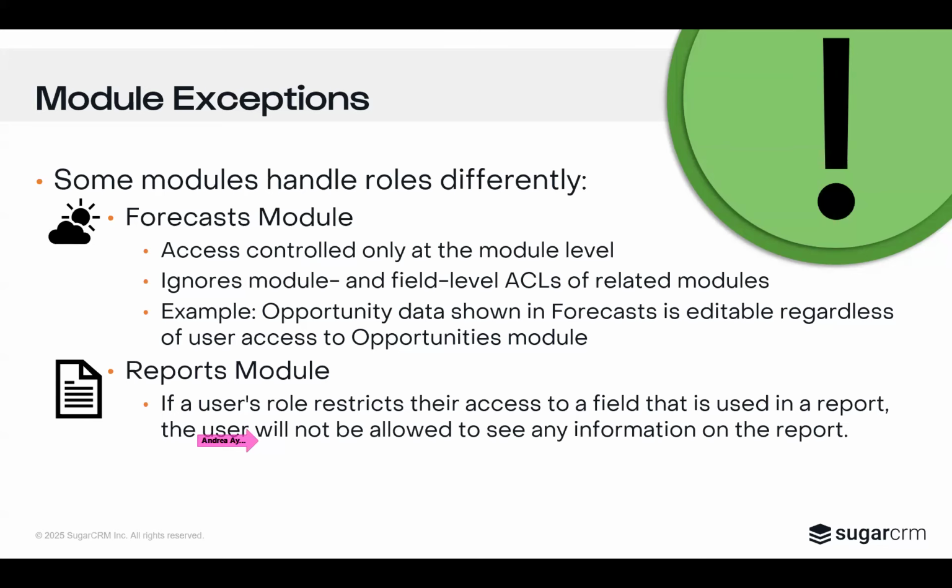What that means is when you're looking at forecasting, because it's a completely different module than opportunities, opportunities data shows and forecast is editable regardless of the user access that they may have on a role module. So let's say the role says you can't edit this opportunity. Well, if they're looking at an opportunity through forecasting, they can. That's just the way it works.